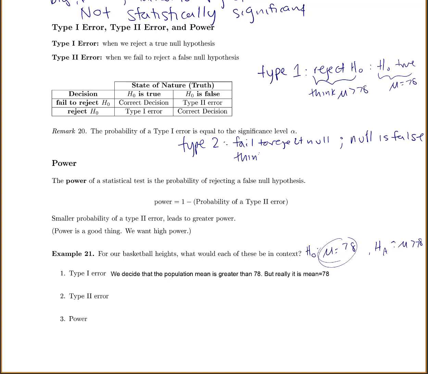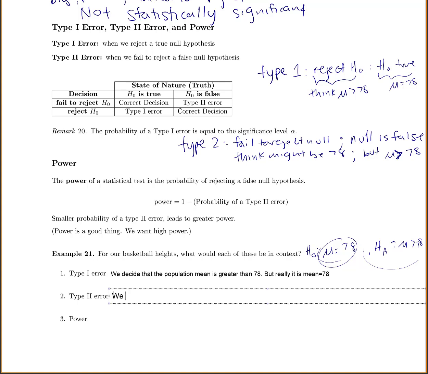But the null was actually false, so that means the truth is that mu is greater than 78. So if we write that, we decide that the population mean might be 78, but really the mean is greater than 78.